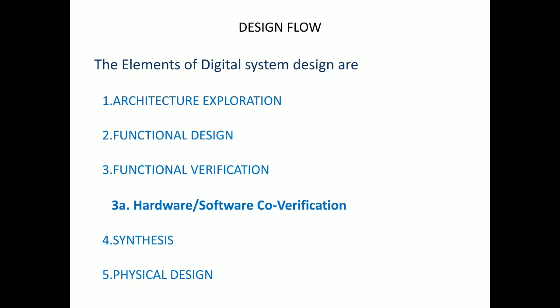Most of them are hardware: a keypad, keyboard, sensors, and LCD displays, motors, actuators. These need to be made functional with the help of software. So we will also verify the hardware and software part as a hardware-software co-verification.